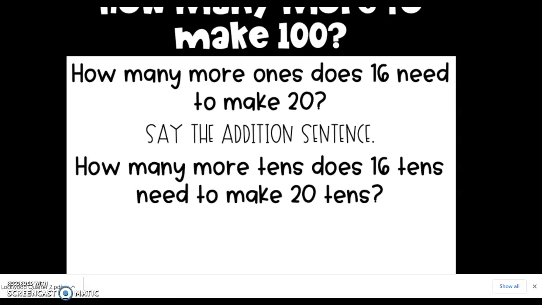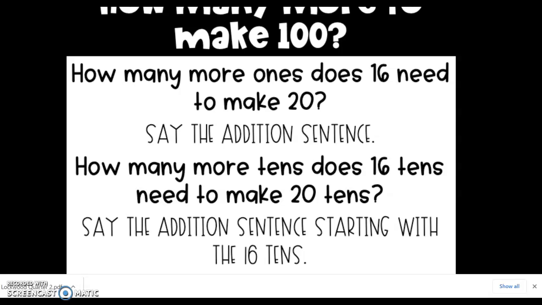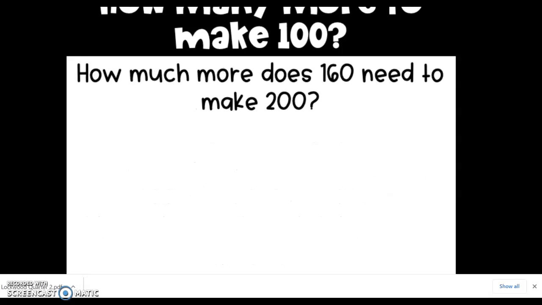That's right. How many more tens does 16 tens need to make 20 tens? No, 4. So it's 16 tens plus 4 tens equals 20 tens. That's right. All right.